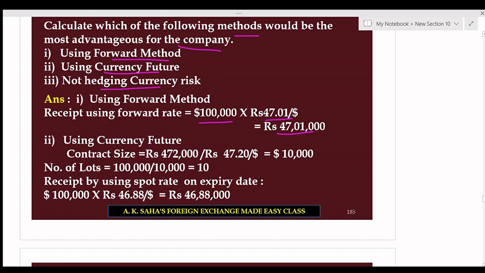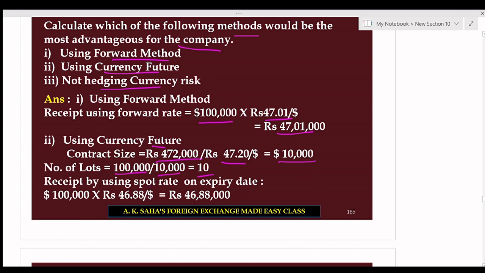Using currency futures, the contract size is 4,72,000 divided by 47.20, that is the exchange rate, which is equal to $10,000. This is the lot size. Lot size multiplied with the exchange rate gives you the contract size. And the number of lots, the contract value $1,00,000 divided by lot size 10,000, is equal to 10.